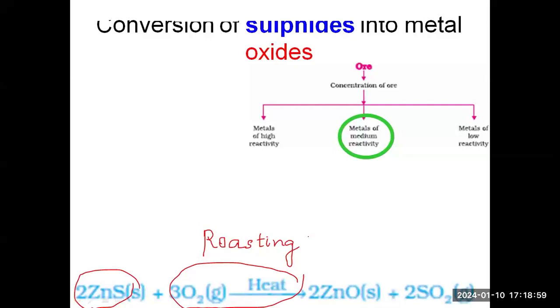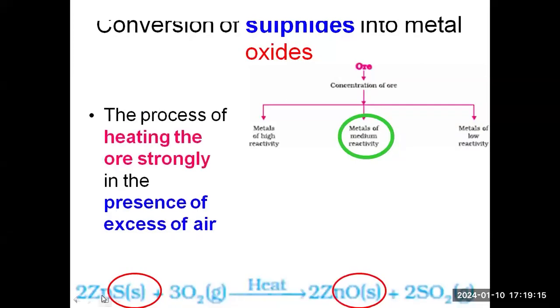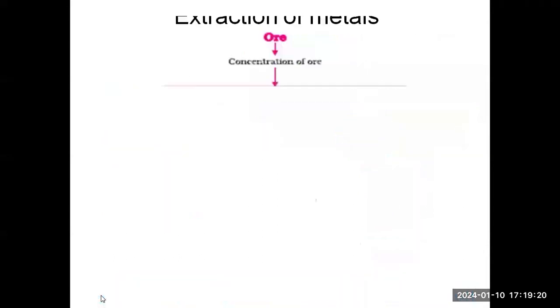So zinc sulfide is roasted and we get zinc oxide along with sulfur dioxide gas. So the two ores of zinc, zinc carbonate and zinc sulfide, were calcinated and roasted to get zinc oxide, right? So we have reached the oxide.